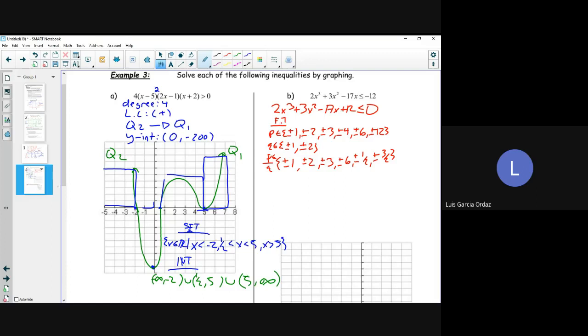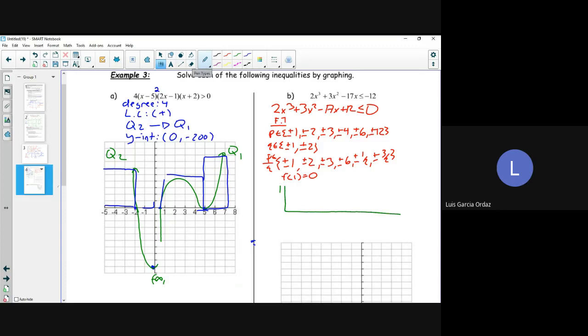So now we have to figure out what factor from P over Q, when we sub it in for X, makes that whole function 0. 1. Okay, so f at 1 gives us 0. So now what do we have to do next? We're going to be using synthetic division. So we have 1, 2, 3, minus 17, and positive 12.